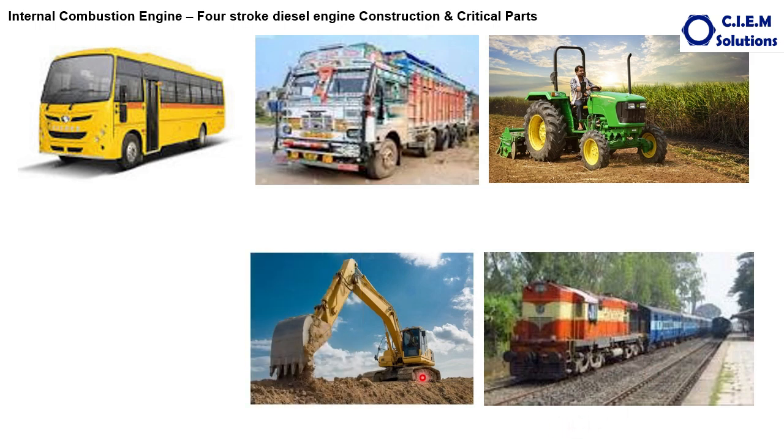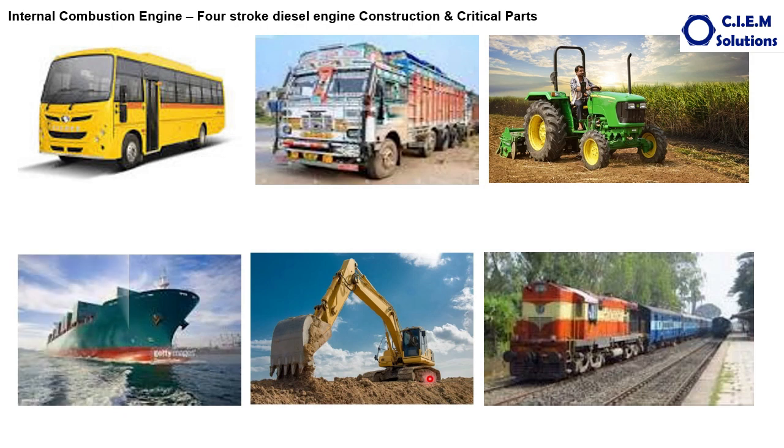Then the construction machines, mining machines, ships, cargo ships, and passenger cruises, and the diesel generating sets, and some other machines which I have not shown here. All these machines, small or big, are being powered with the compression ignition engine, and 99% majority are with the four-stroke compression ignition, that is diesel engine.